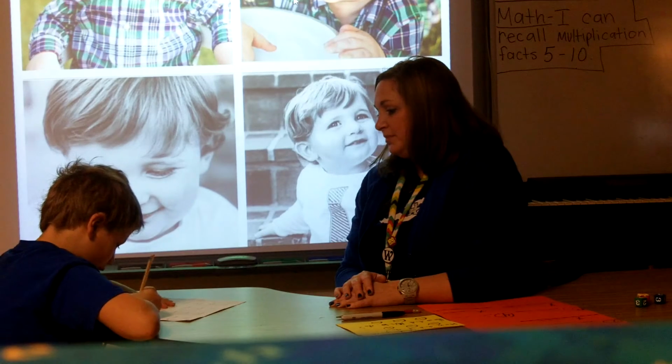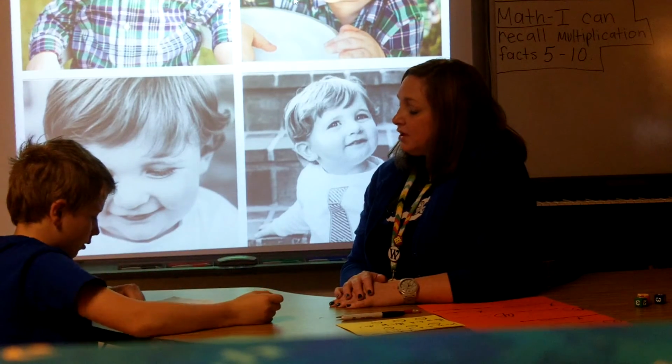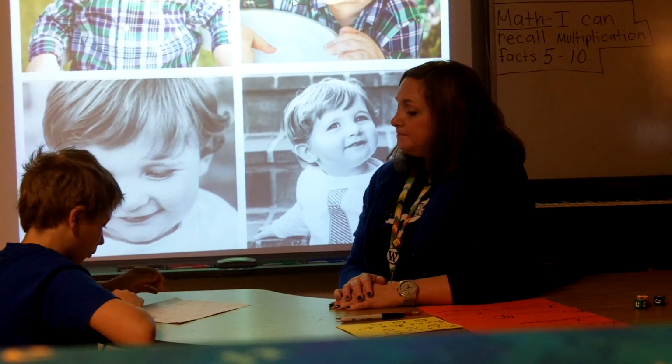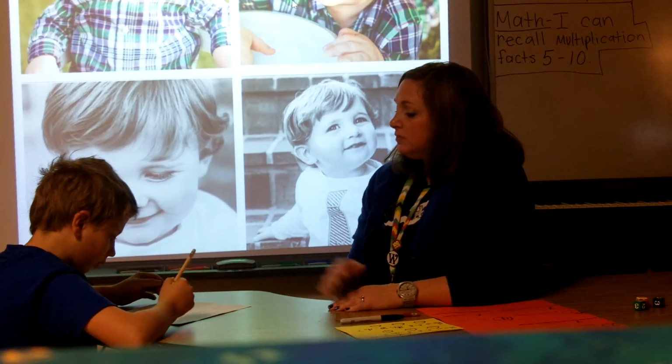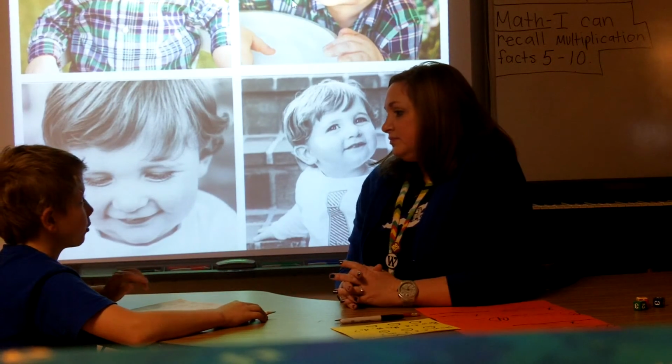Yeah, it's 42. Go to the one you know. 9 times 5. I'm gonna do this one. Wait, 9 times 5, is that on? Oh, wait. 9 times 5 is 45.